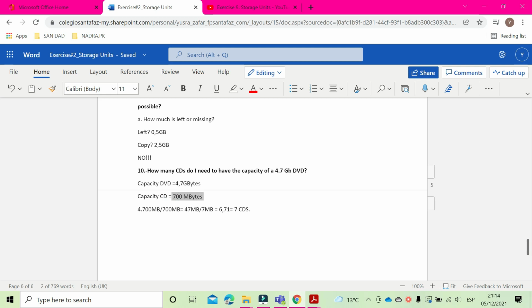So we are going to divide 4700 by 700, which is equal to 6.71, and we round it, which gives us 7 CDs. It means we are going to need 7 CDs to do this.